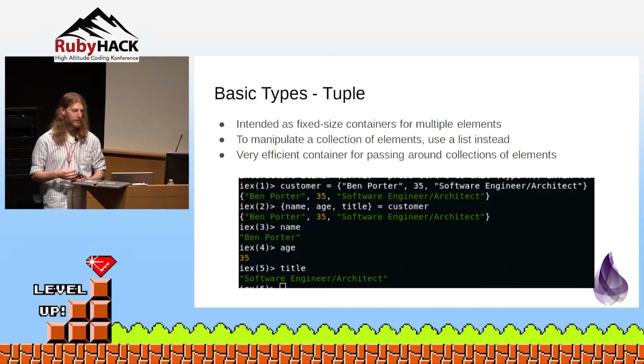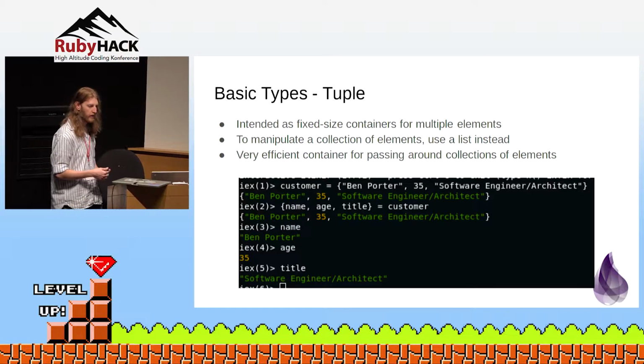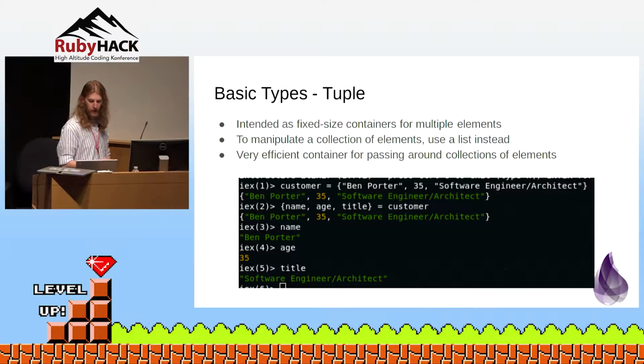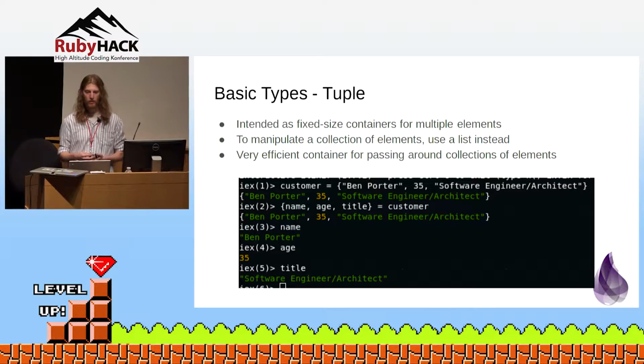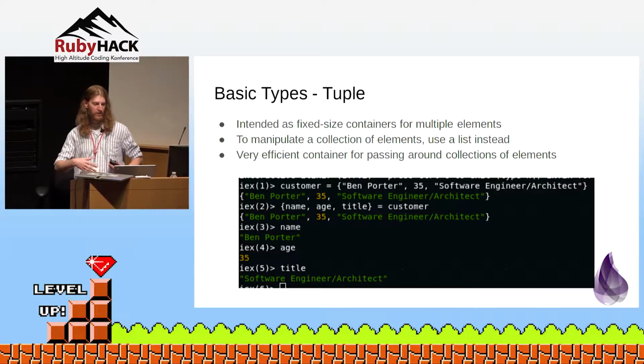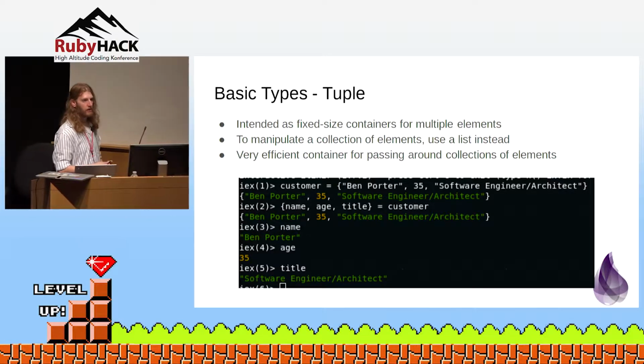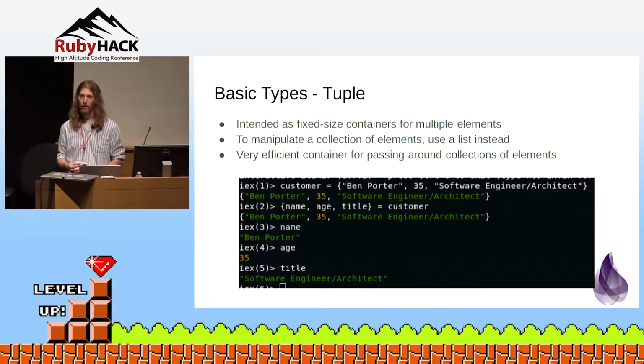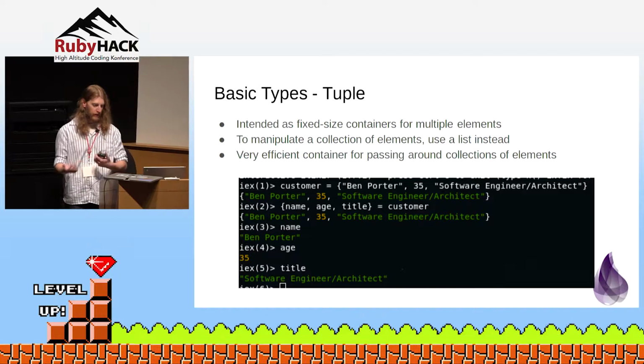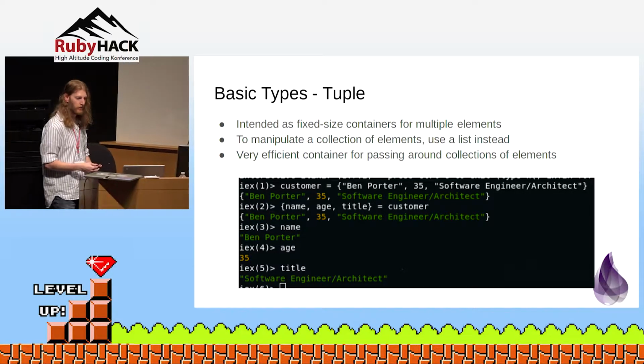So there's kind of a newer type called a tuple that's not really a thing in Ruby. But don't worry about this too much. It looks a little bit weird, but they're basically just meant to be fixed size containers for multiple elements. And they're not meant to be enumerated at all. They're basically sort of like the binary, if you will.